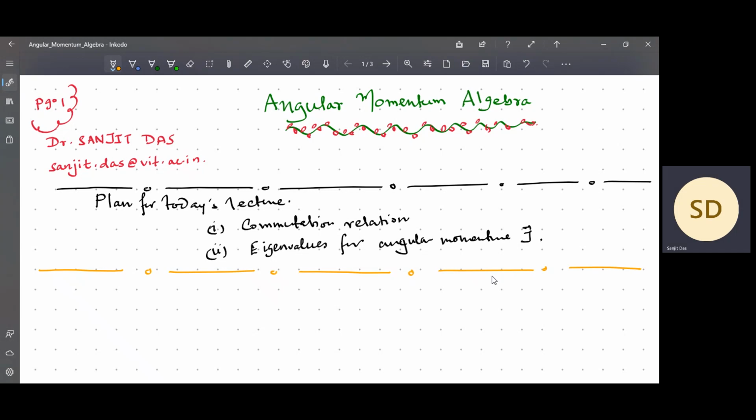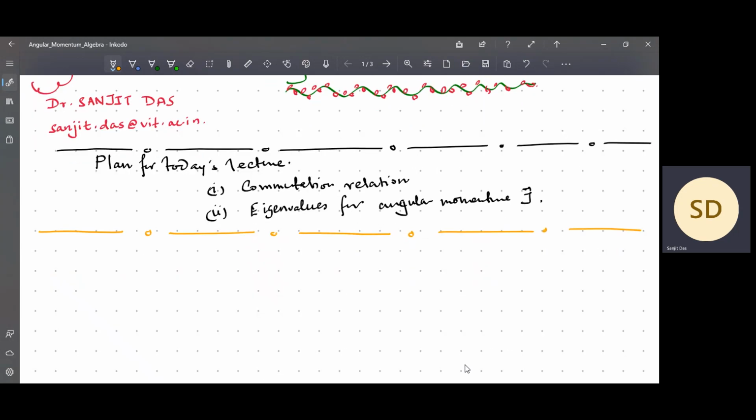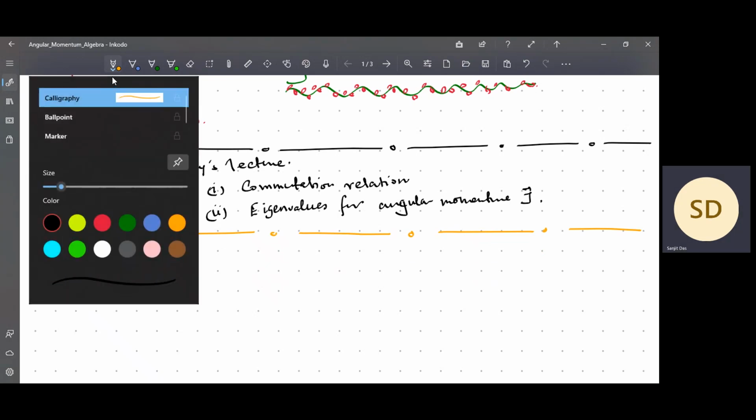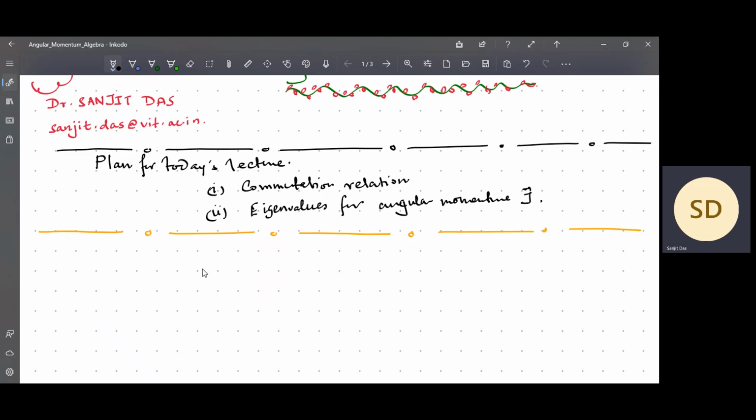Okay, let's start. We have already seen the orbital angular momentum, but in this course we are going to talk about it in a more general way. So let us recap our old notion of the orbital angular momentum and remember the commutation relation.